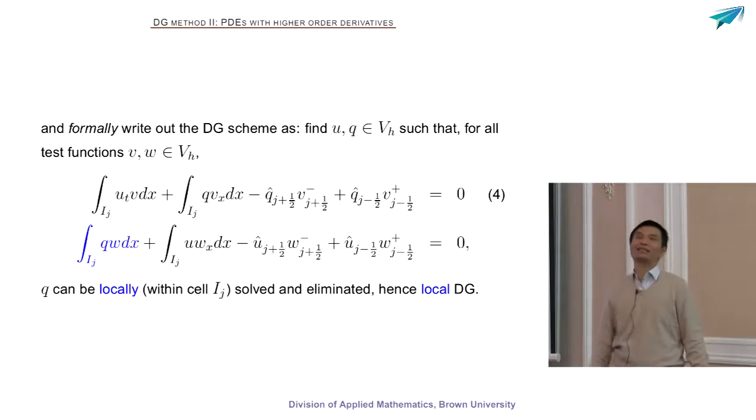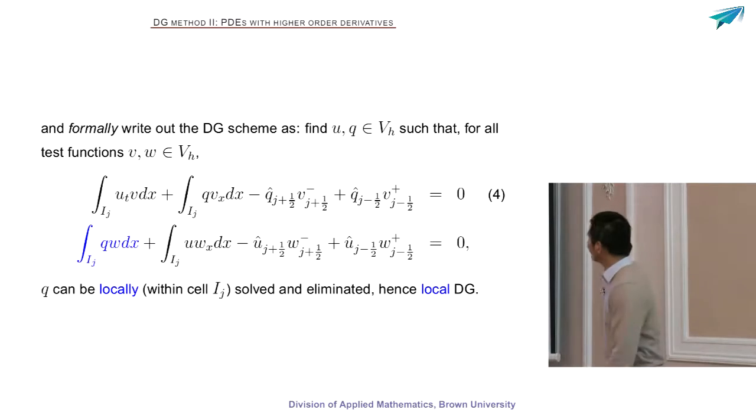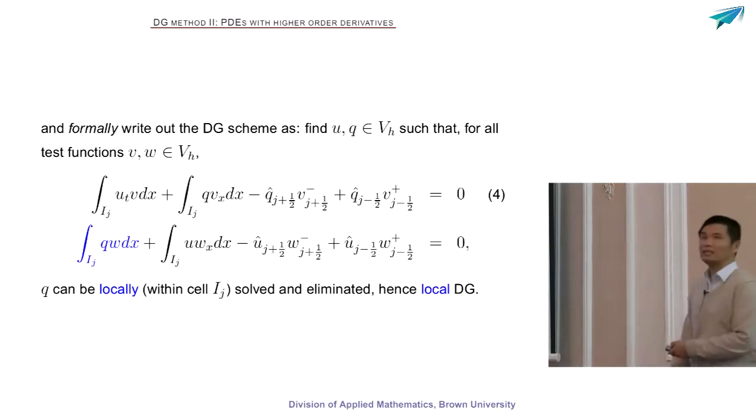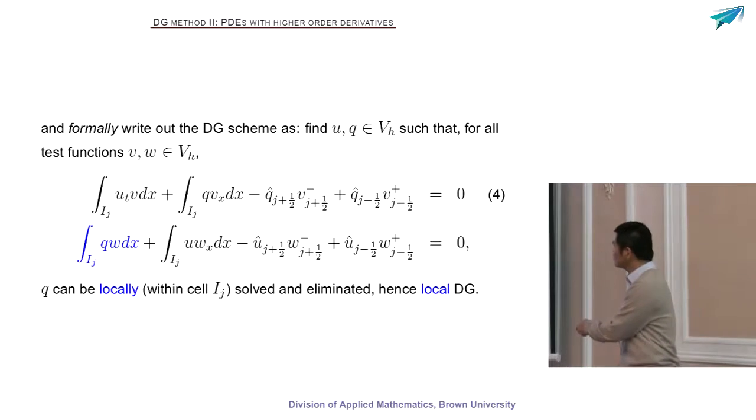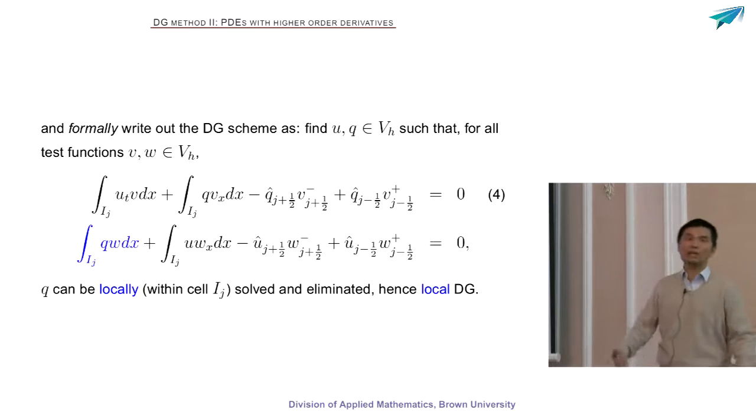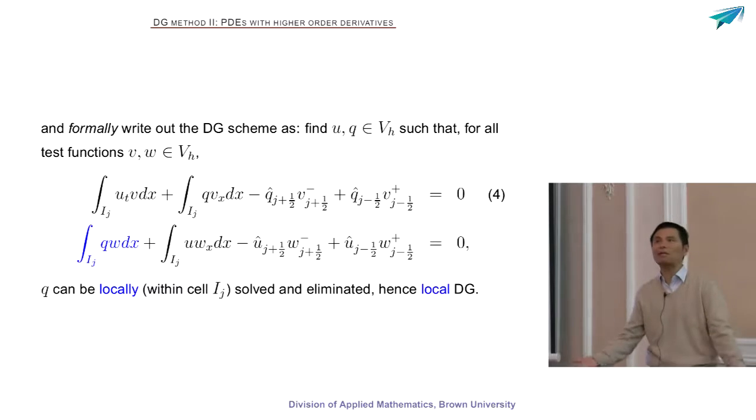And then that's it. So this LDG method turns out to be very easy in implementation as well. You don't have to store this Q globally if you don't want to, because as I explained, this is a local placeholder.